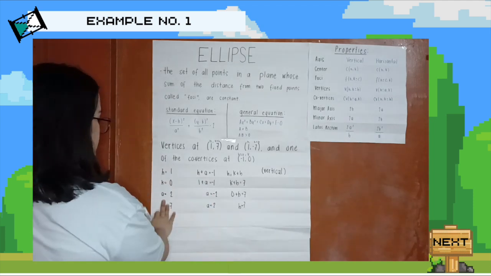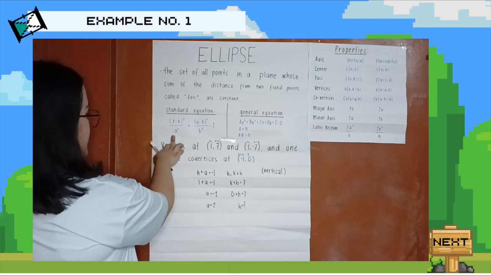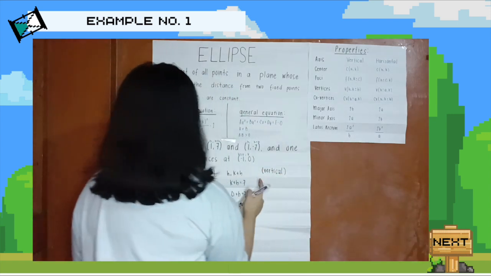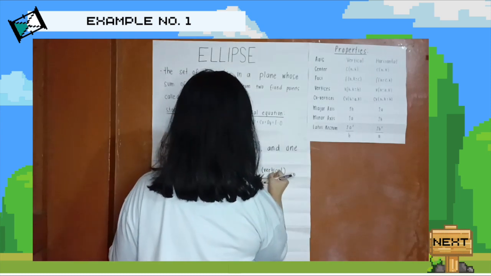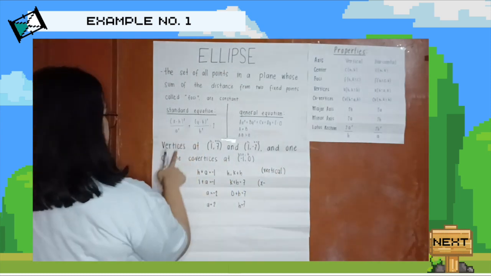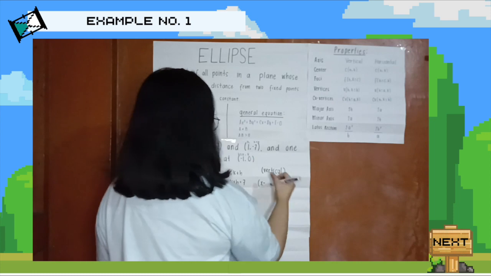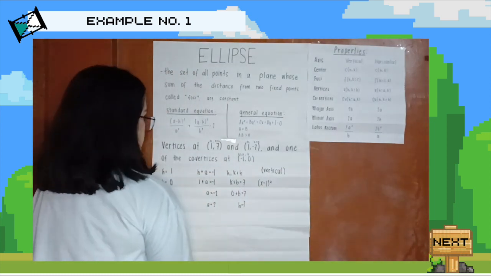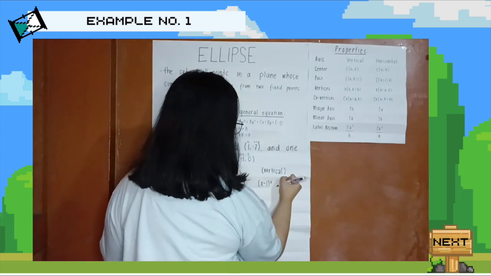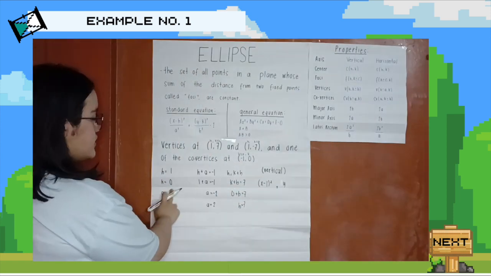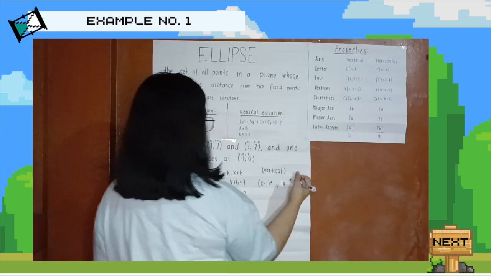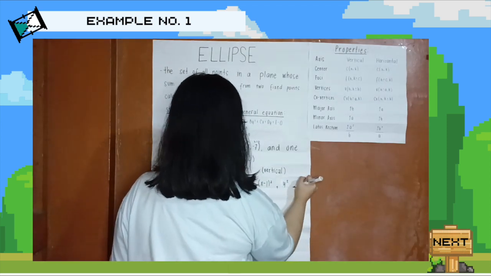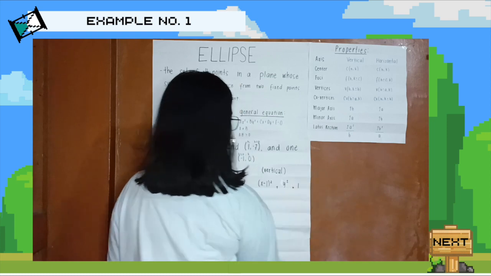We need to substitute this using the standard equation. So x minus, our h is 1, so minus 1, plus, k is 0, we can put y squared, is equal to 1.